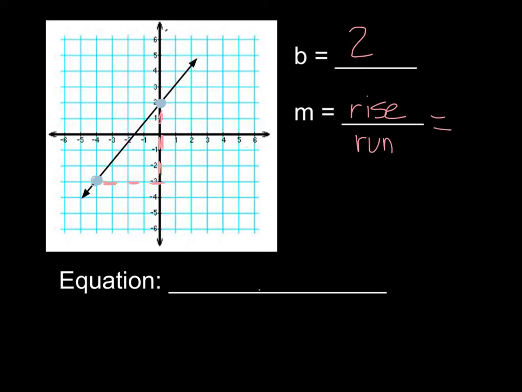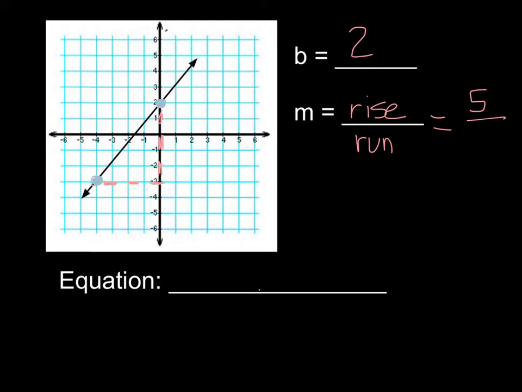When I count my rise, going from here, the height of this line, starting here, 1, 2, 3, 4, 5. My rise is 5. Now doing the run, I have 1, 2, 3, 4.